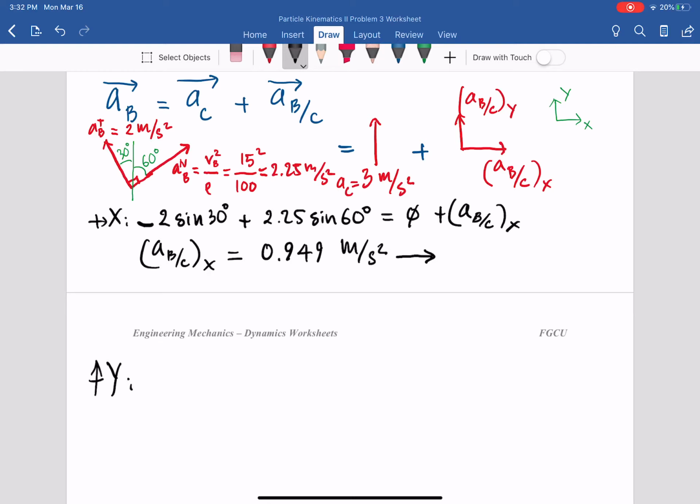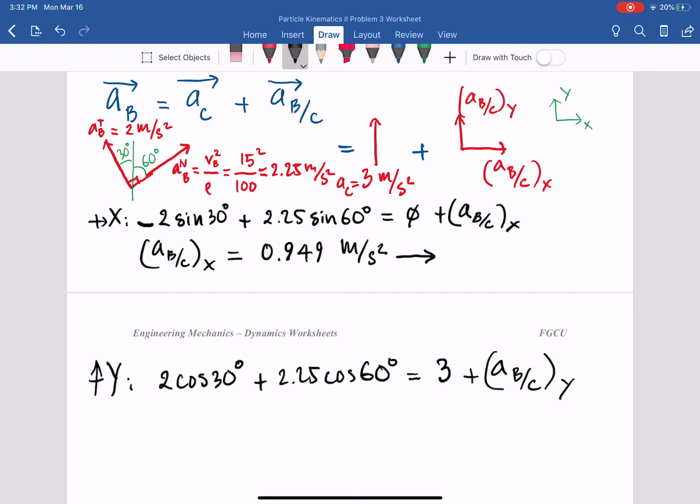Similarly, we have the y component of the relative acceleration of B relative to C. We project again: positive 2 cosine 30, also positive 2.25 cosine 60 degrees, equal to 3 meters per second squared for AC going up, so it will be positive 3, plus AB relative to C in the y component.